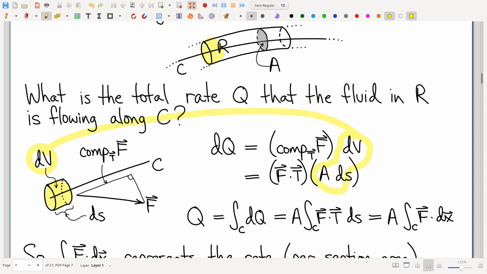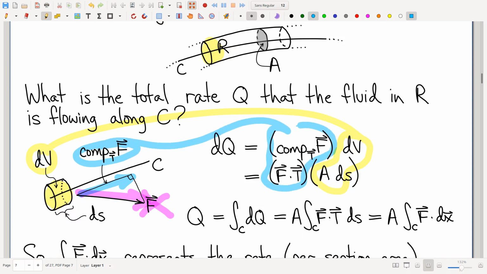It's just area times length. No big deal. That's how much fluid there is there. To what extent is that flowing along the curve? Well, keep in mind, that means I'm not interested in the velocity. I want to know the extent to which the fluid is flowing specifically along the curve. Namely, I want the component.